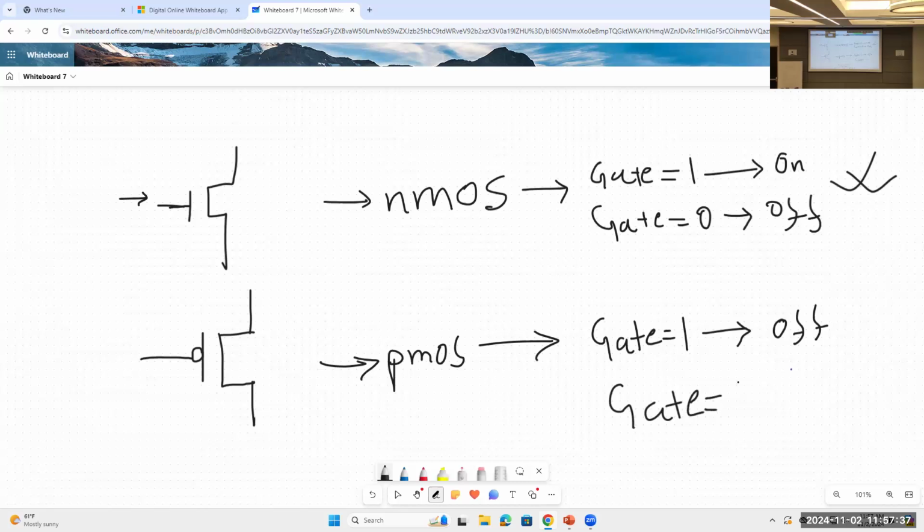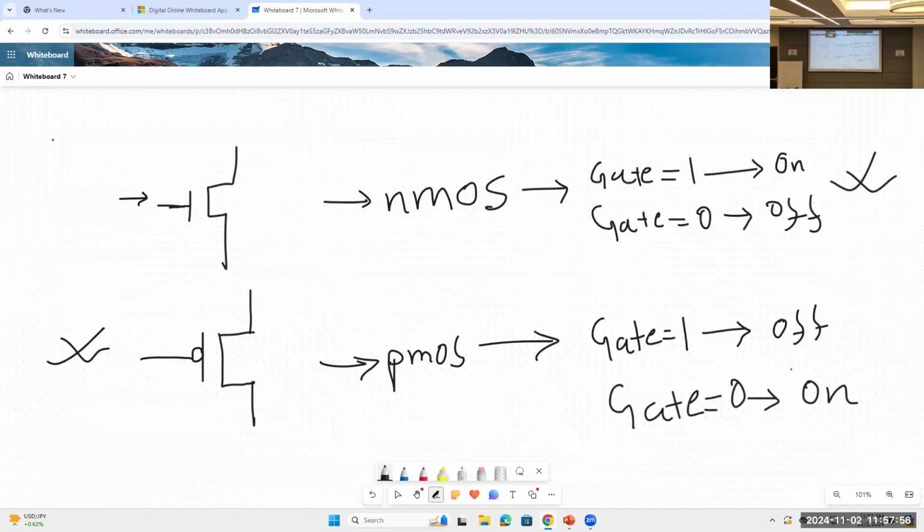Gate equal to 0 here. If we insert 0 here, the device will be on. You do not need to memorize PMOS. You just remember NMOS and then just invert the operation. Just remember that the PMOS will be acting totally opposite.